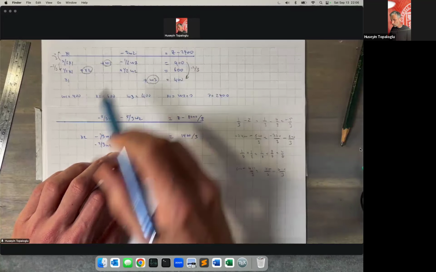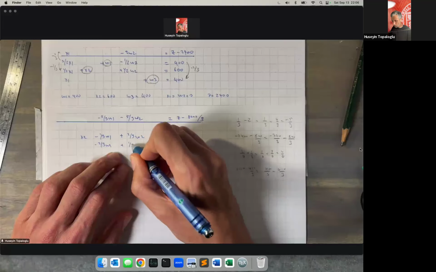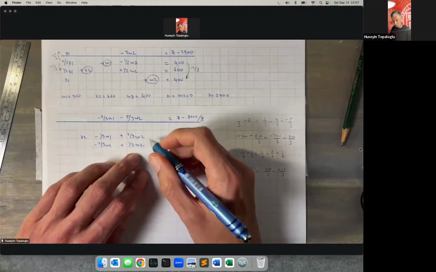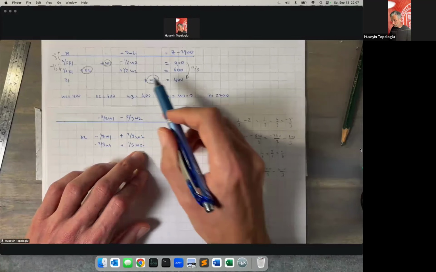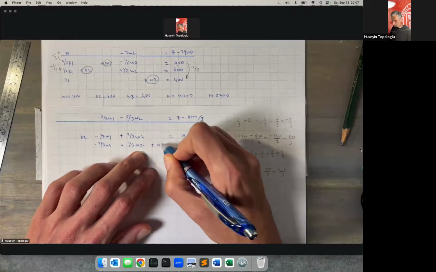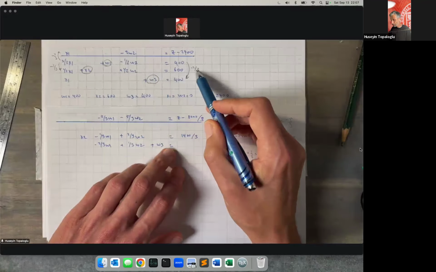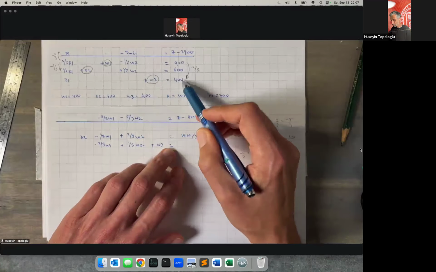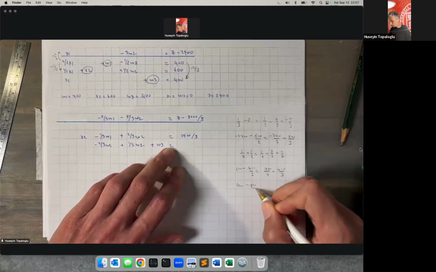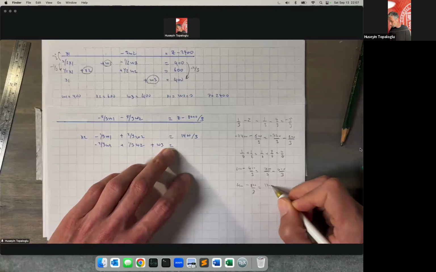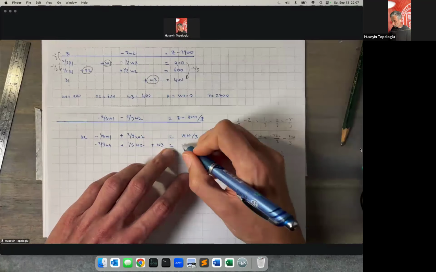That is going to give us plus 1 over 3 W2 plus 0 W2 plus 1 over 3 W2, 0 W3 times minus 2/3. That's 0 W3 plus another W3, W3. On the right-hand side, 400 times minus 2 over 3 minus 800 divided by 3 plus another 400, 400 minus 800 divided by 3. So that's 1200 divided by 3 minus 800 divided by 3. That's 400 divided by 3.